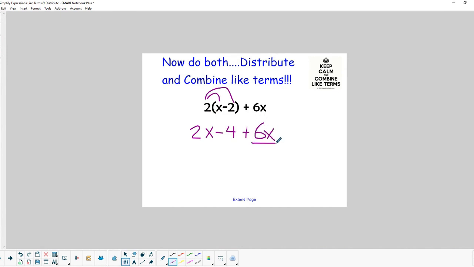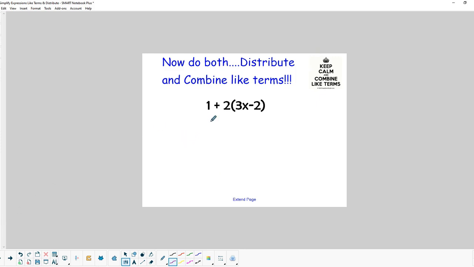So if I combine 6x and 2x, that gives me a total of 8x. And then I have my minus 4 on the end. And that would be that one. So that's what we're talking about, the new kind of step that we're adding today, and that is this idea of having to distribute first and then combine the like terms.